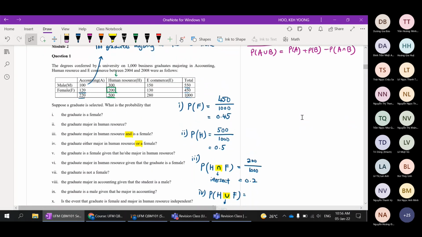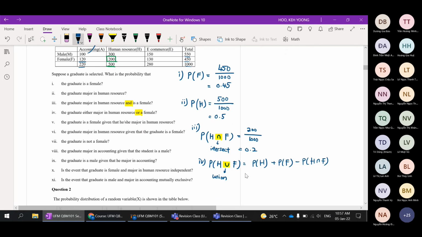Refer to this. You will take the probability for human resource plus the probability for female minus the intersection. These three probabilities you have found in the previous questions, parts 1, 2, and 3. So 0.5 plus 0.45 minus 0.2, you get 0.75. So the probability of selecting a graduate majoring in HR or female is 75%.